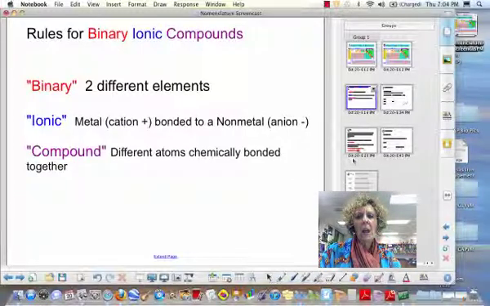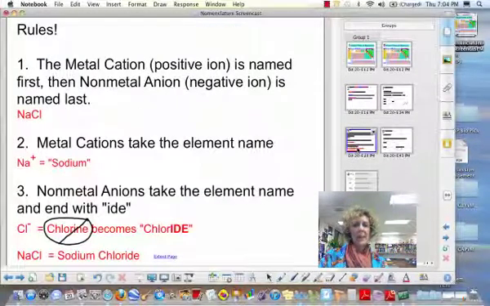So what's going to happen is that the metal cation, which is the positive ion, is always named first. And then the non-metal anion, which is the negative ion, is named last. So here we have NaCl. So how do we call that in chemistry? What name do we use? So metal cations take the element name.